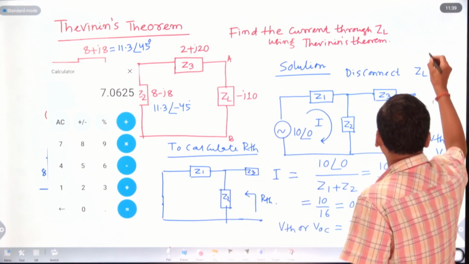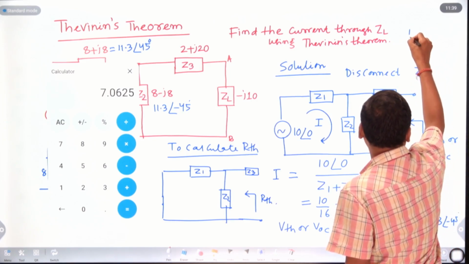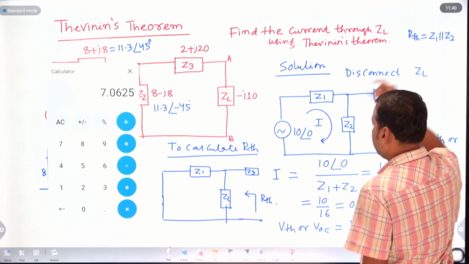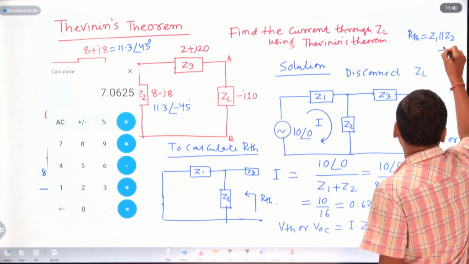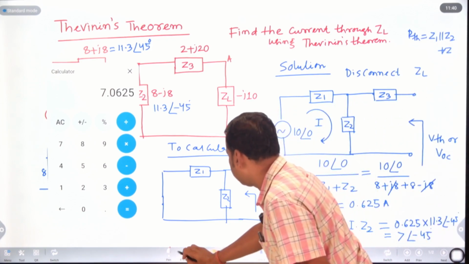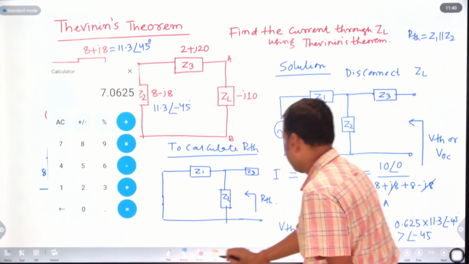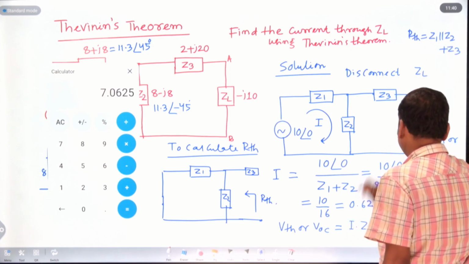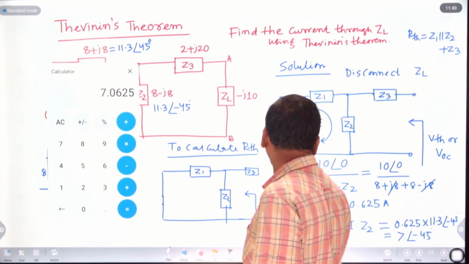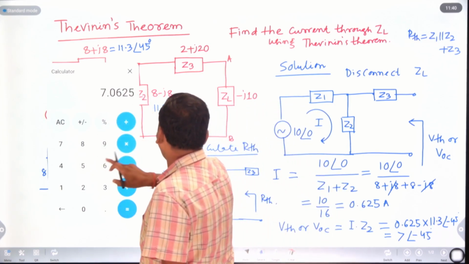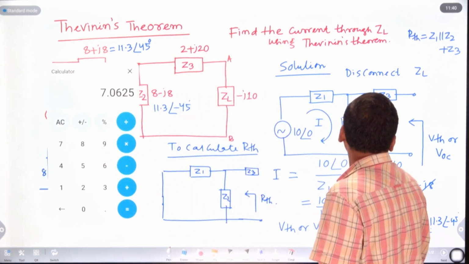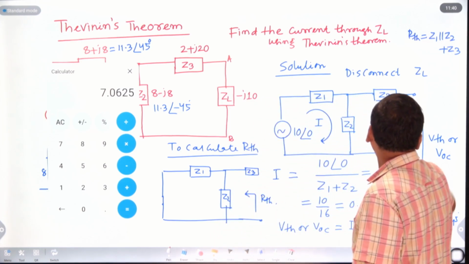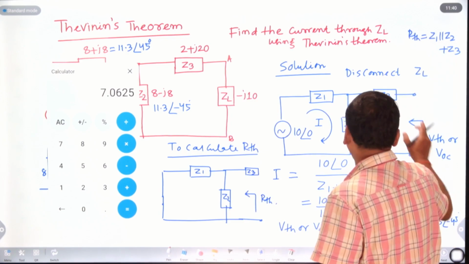So RTH, or Thevenin's resistance, equals Z1 parallel Z2, in series with Z3. If Z1 parallel Z2, Z1 is how much? 8 plus j8, which is 11.3, and the other one is also 11.3. So 8 plus j8 parallel to 8 minus j8, in this way you can calculate Z1 Z2.